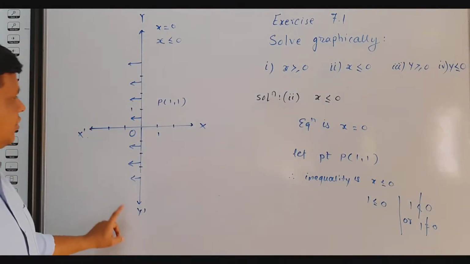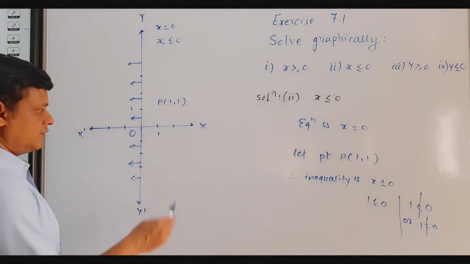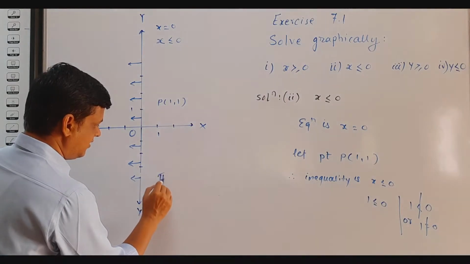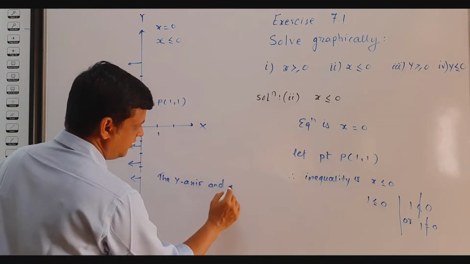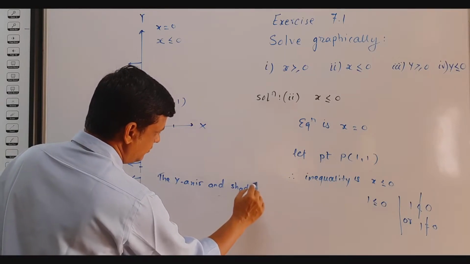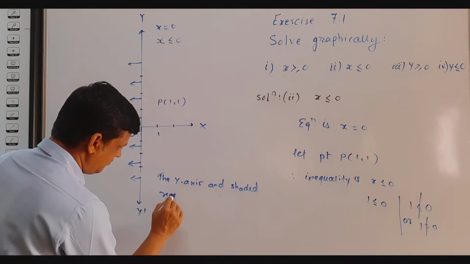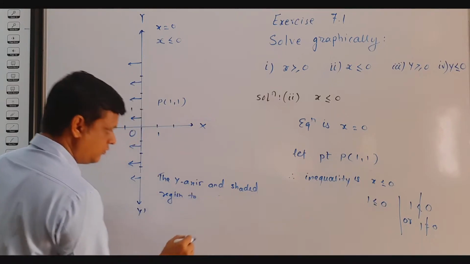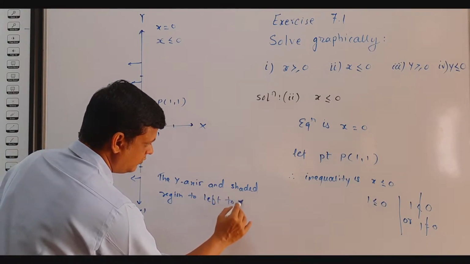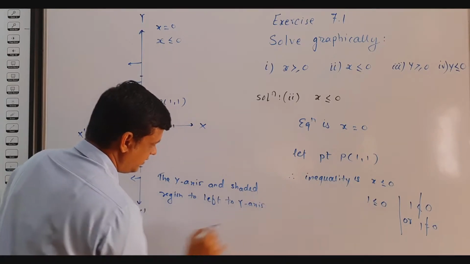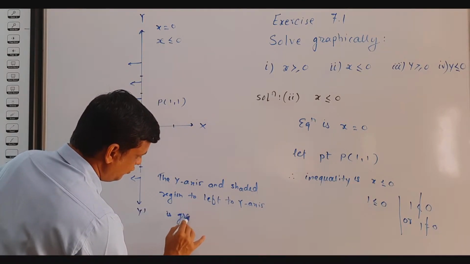So in this way you have to write in the solution: the y-axis and the shaded region left of the y-axis is the graphical solution.